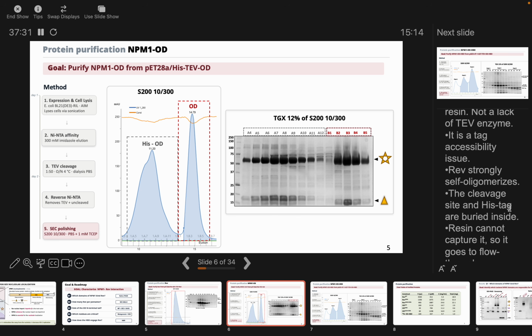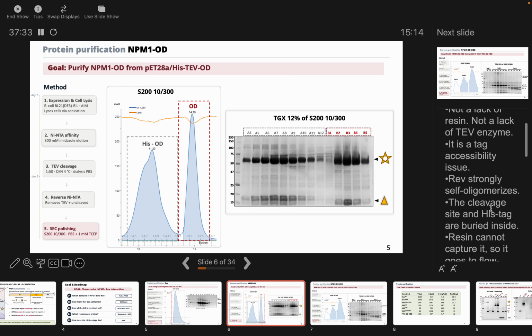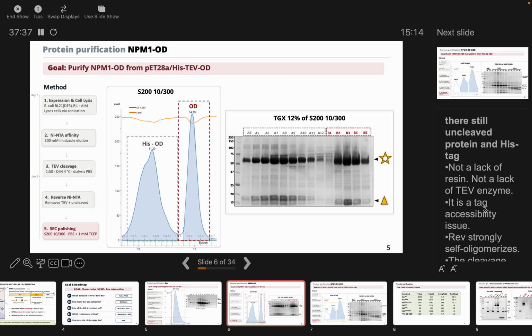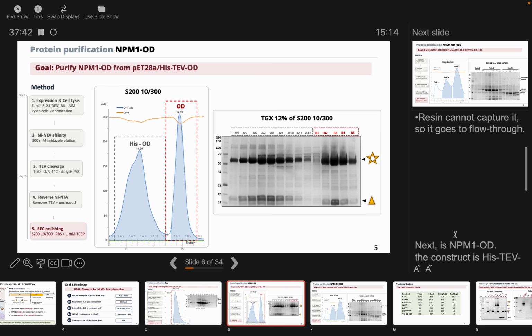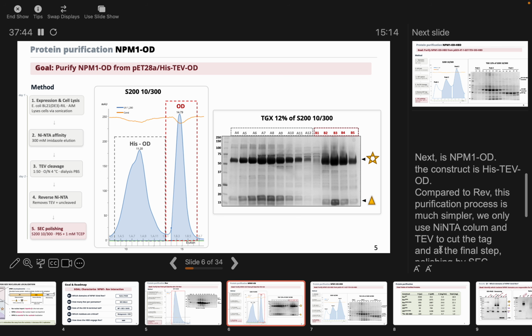So we suspect that the accessibility of the tag sequence is not really good with this construction, because we don't have the problem with the GST tag. So perhaps the His tag does funny things. Okay.